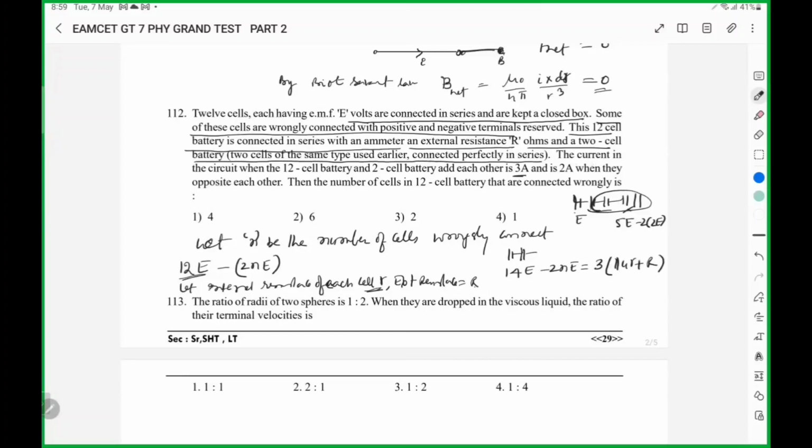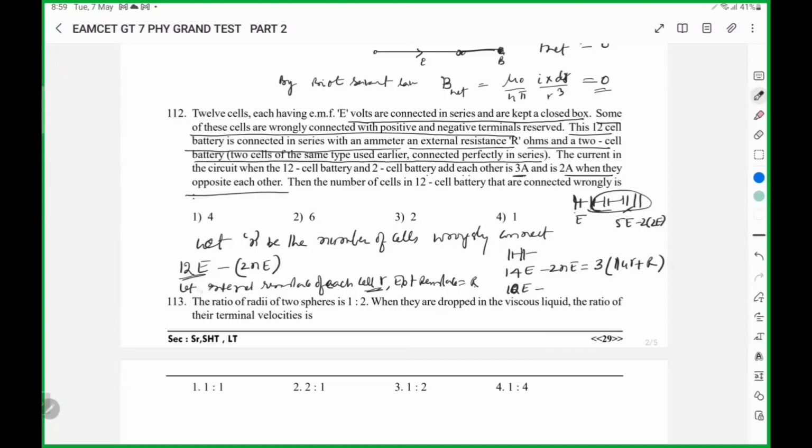In the next case, when the 12 cells and the 2 cells are opposite, the current in the circuit of the 12 cell battery and the 2 cell battery no longer add each other. 3 amperes becomes 2 ampere when they are connected opposite. When they are connected opposite, 12E will have 12E minus 2E.